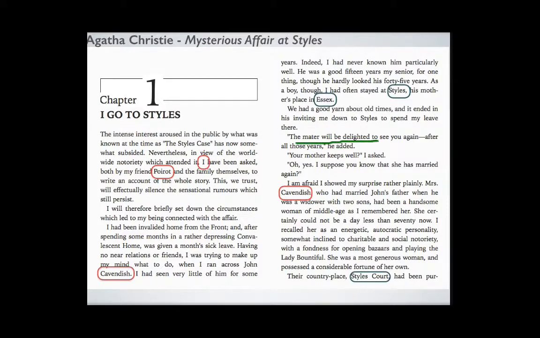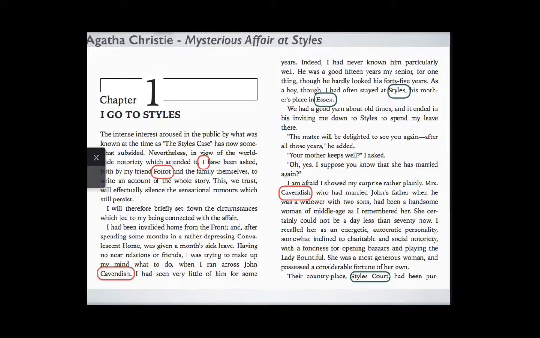It says, "The mater will be delighted to see you again after all those years," he added. And then I asked, "Your mother keeps well?" So by using context, we can figure out that mater is another word for mother in here. So use context clues to help figure out what is going on in a story.